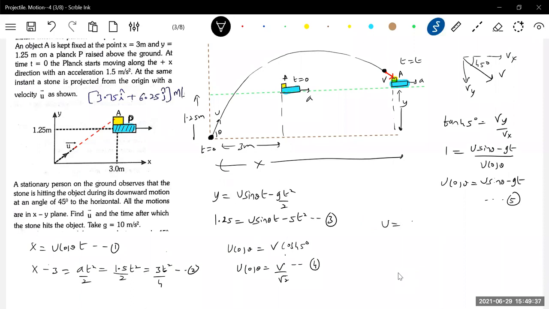So this u equal to... anybody, value of t? Anybody get the value of t?